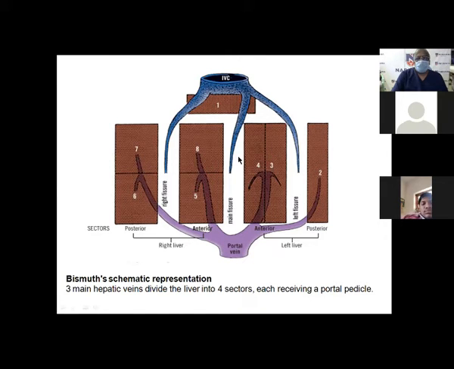So this is how it is. In more than 60% of the cases, both will unite and join the IVC as a common channel, but sometimes you will get a separate one. Occasionally, you will get accessory hepatic veins, which is very much important.